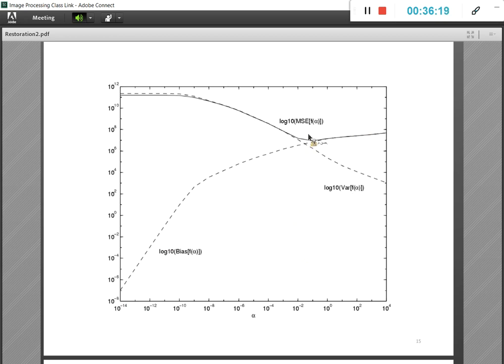And what is the best point? This point, or this area, is the best point, for example, about 1/10, 100, these items.